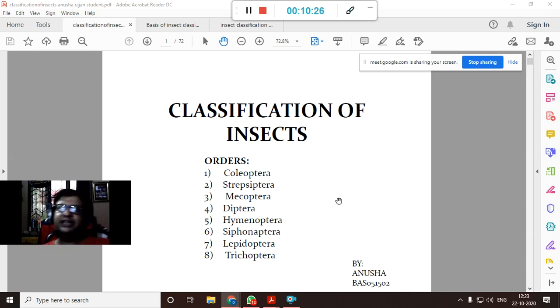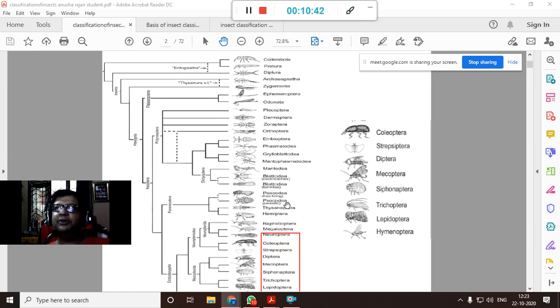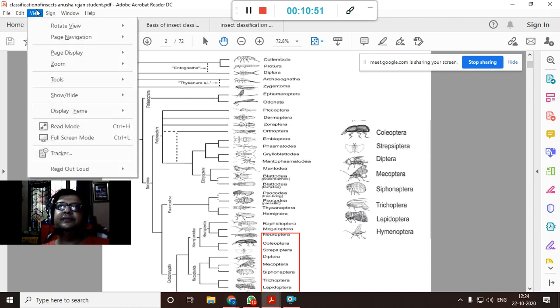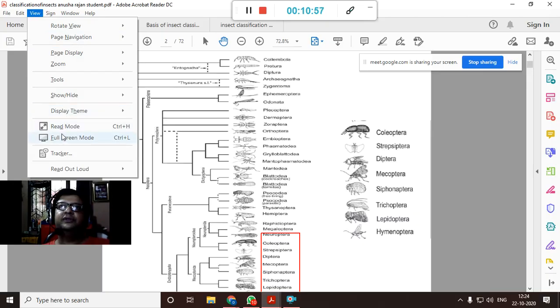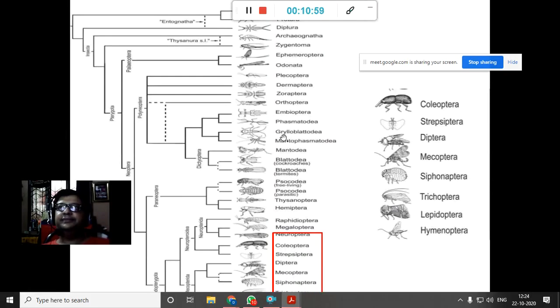There are many orders of insects, but orders like Coleoptera, Strepsiptera, Mecoptera, Diptera, Hymenoptera, Siphonaptera, Lepidoptera, Trichoptera, Hemiptera are some important orders. So let us go to this. Let's go to full screen view.